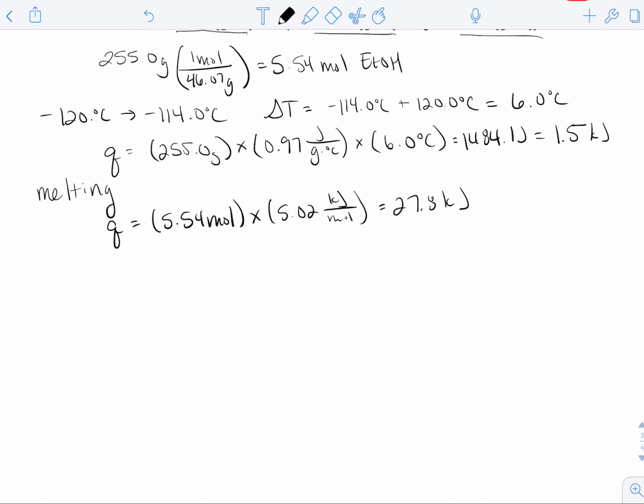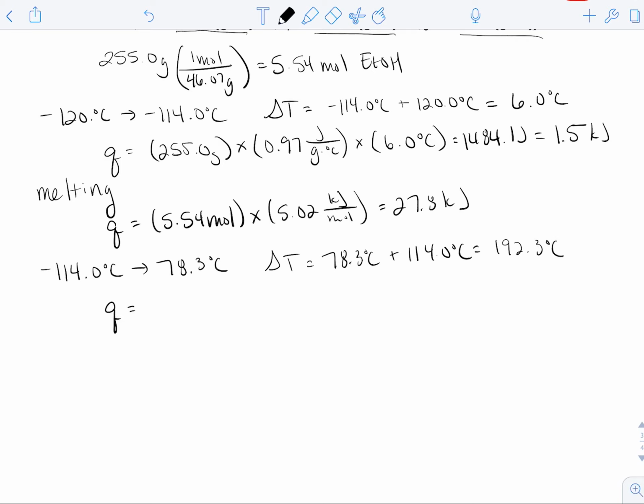Next, we're going to go from our melting point up to our boiling point. So the whole range of our liquid. So our delta T here is our final, 78.3 degrees Celsius minus our initial, which gives us plus 114.0 degrees Celsius, giving us a delta T of 192.3 degrees Celsius.